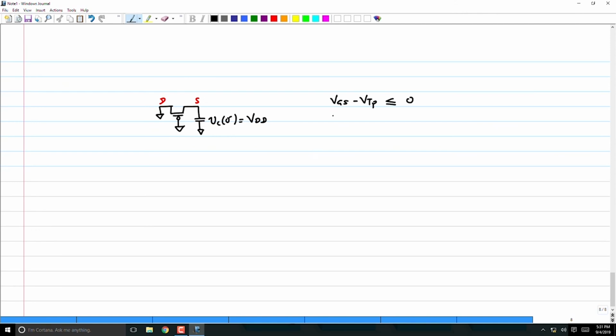It is basically minus Vs, because the gate is grounded. Minus Vs minus VTP should be less than or equal to 0. Therefore, minus Vs should be less than or equal to minus VTP... Oh yeah, plus VTP. Correct. Implies mod Vs should be greater than mod VTP.